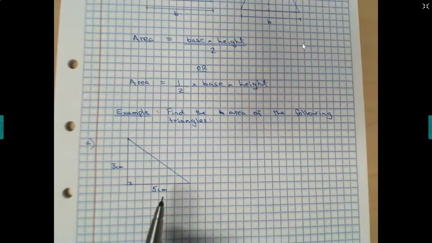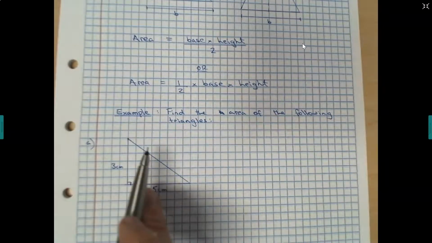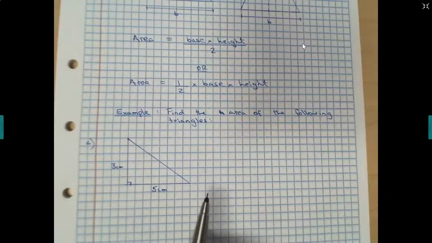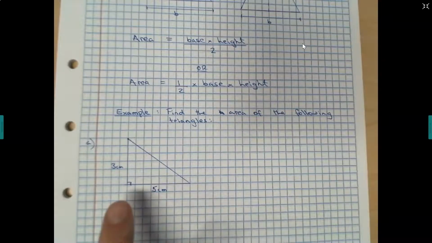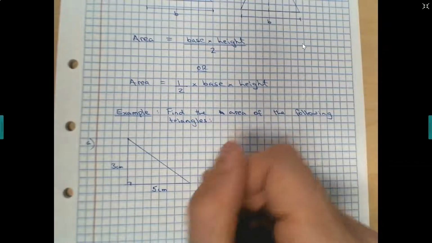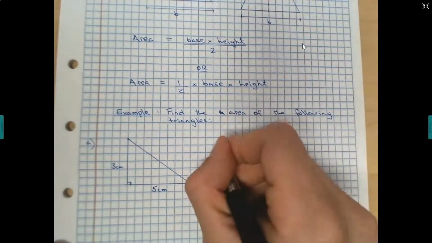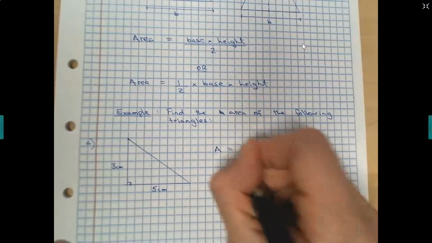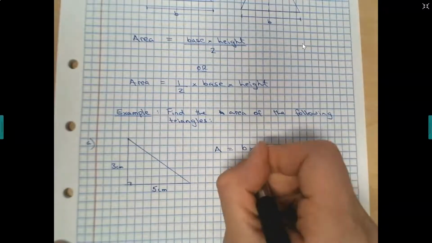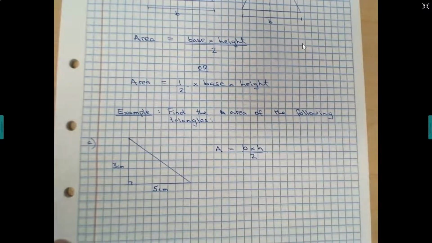To find the area, do I need to know what the other length is? In a right angle triangle, we actually call this length here, which is the longest length, the hypotenuse of the triangle. Do I need to necessarily know what the length of that hypotenuse is to find the area? No, as long as I know the base and the perpendicular height, then I can find the area. So, set out our work clearly. Area is equal to base times height divided by 2.